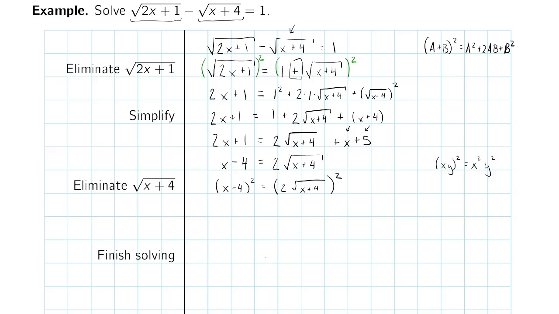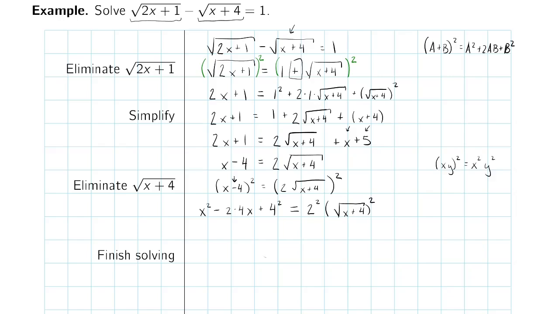On the left, I'm squaring something with subtraction in it, so that's a binomial. I'll have x squared minus 2 times 4 times x plus 4 squared. On the right, I'll have 2 squared times the square root x plus 4 squared.